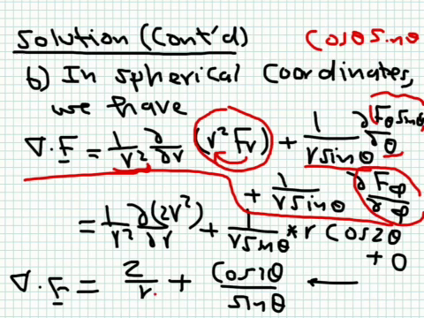When you differentiate sine of double the angle, you get cosine 2 theta as shown here. And then of course you had r in the expression, and it will cancel out with this r. You end up with only sine theta in the denominator. So this is how the divergence is calculated in the spherical case.